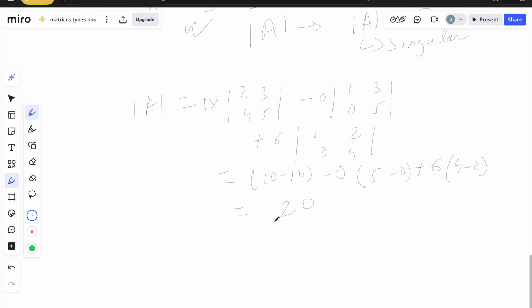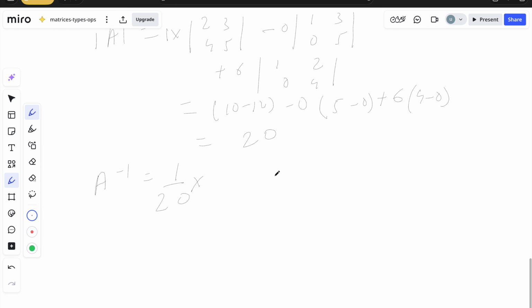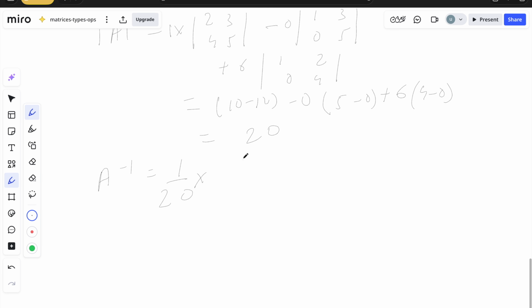Now let's move to the inverse calculation. A inverse then will be equal to 1 by 20 into the adjoint of A that we have already calculated from above, which is 24, minus 12, minus 2, 5, 3, minus 5, and then minus 4, 2, 4.